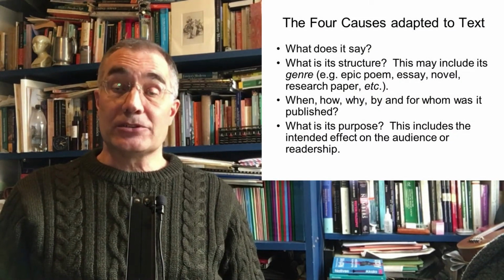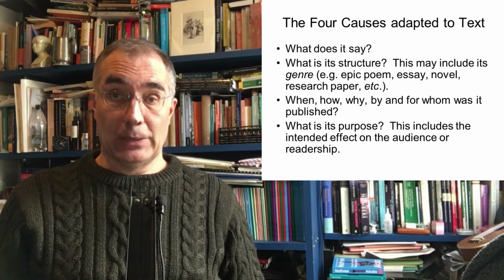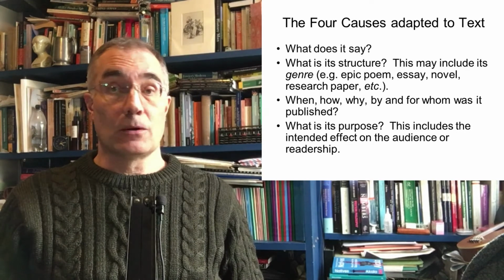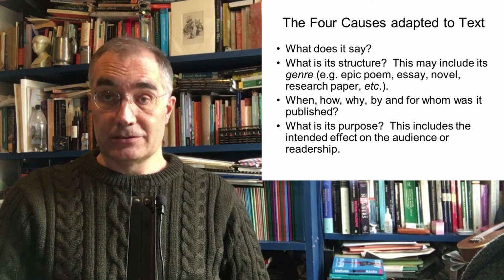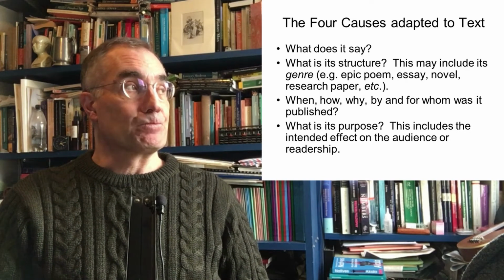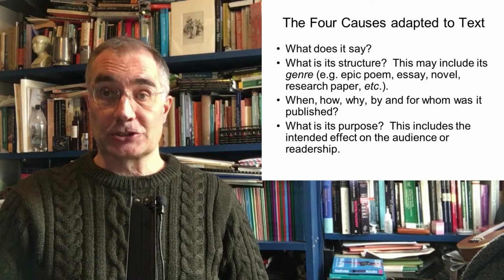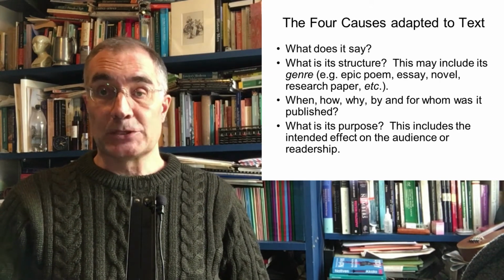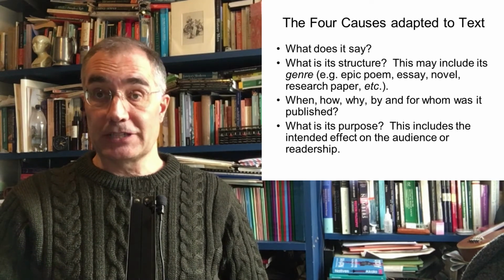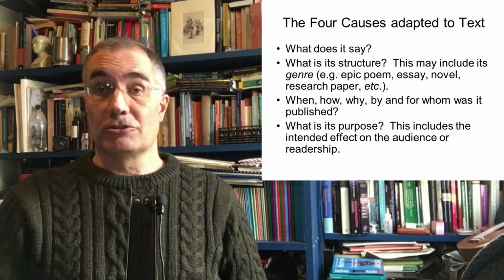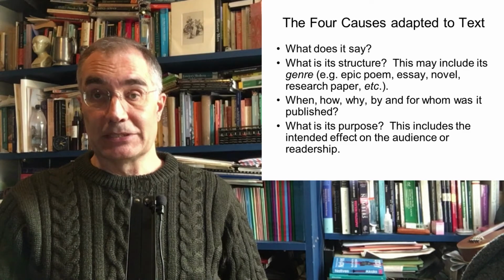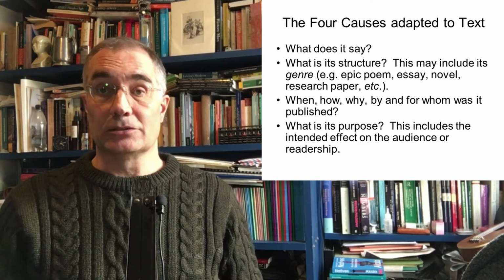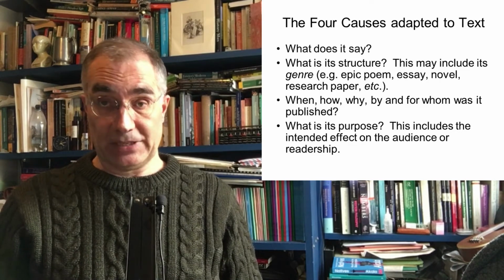Anyway, that gives you 6 questions, right? 6 questions about relations between the 4 causes. So what's the relation between the material cause and the formal cause? What's the relation between the material cause and the efficient cause? What's the relation between the material cause and the final cause? And so on, right? And that gives you six in total.